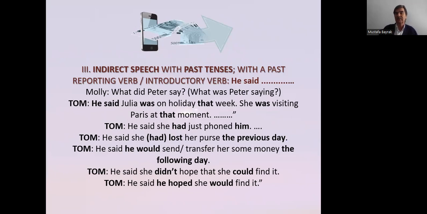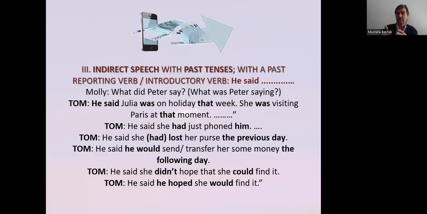Okay, this becomes that again. Okay, Tom: He said she had just found him. Yeah, present perfect tense changes into past perfect tense. So all the tenses go one tense back, towards the past.